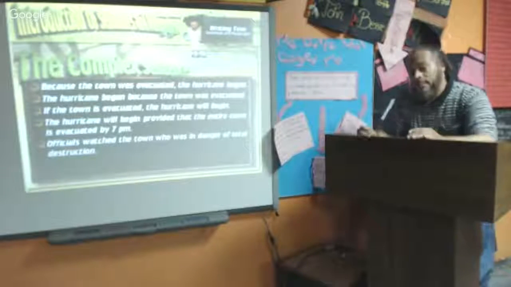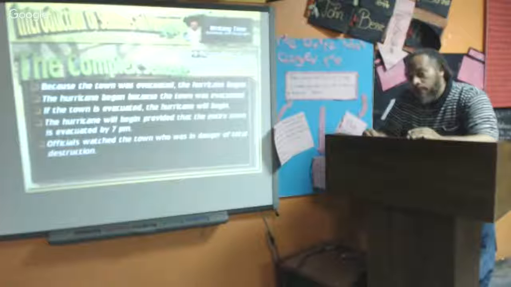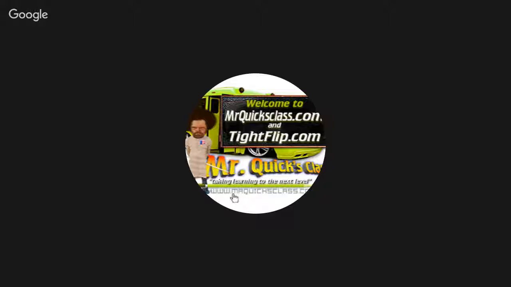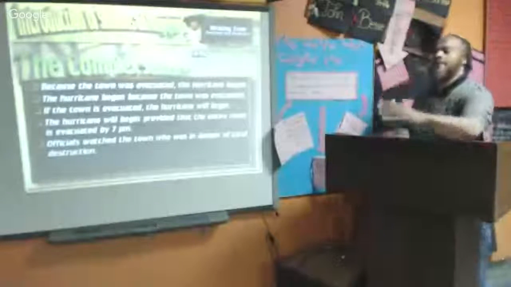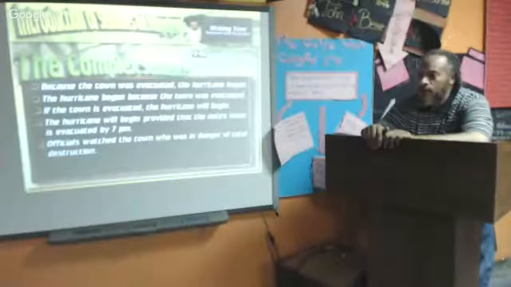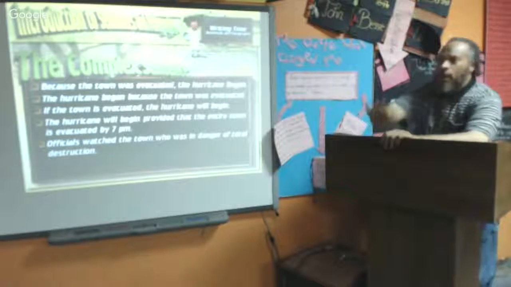Miss Ada, why is this sentence not right? Independent clause came first here, so no comma. What's wrong with this sentence? Okay, all right, close enough.